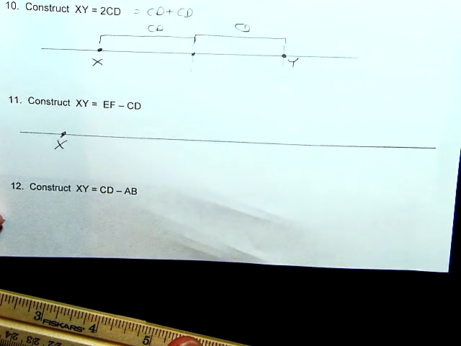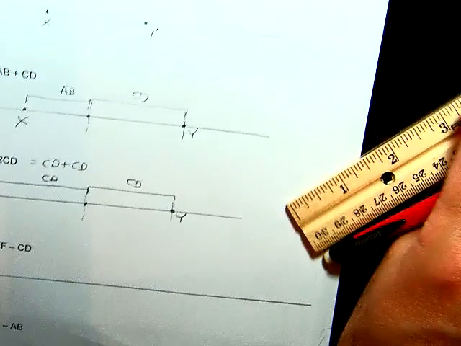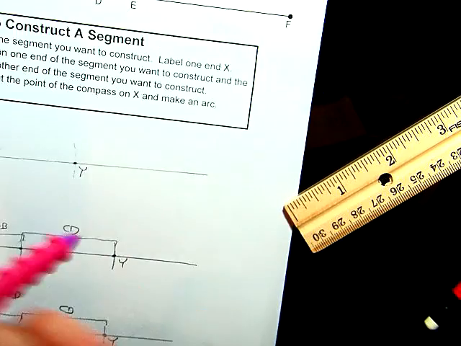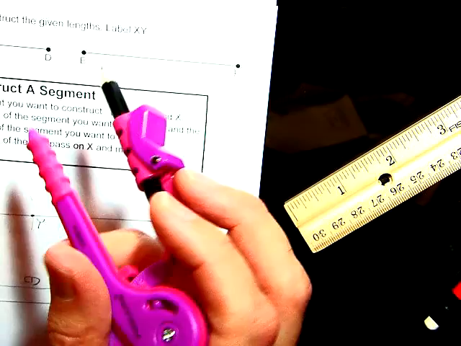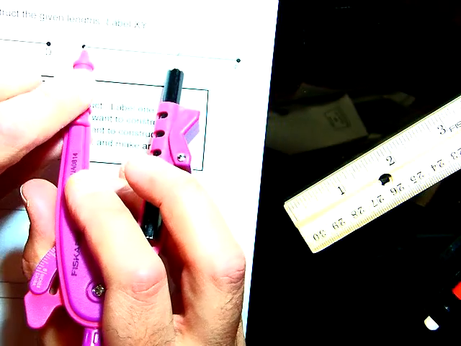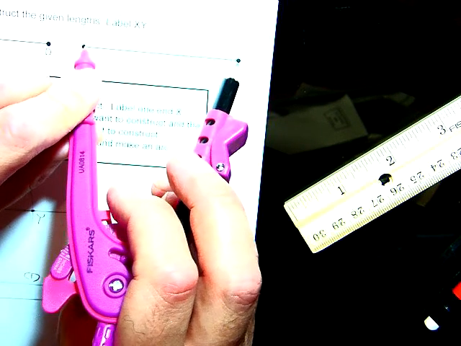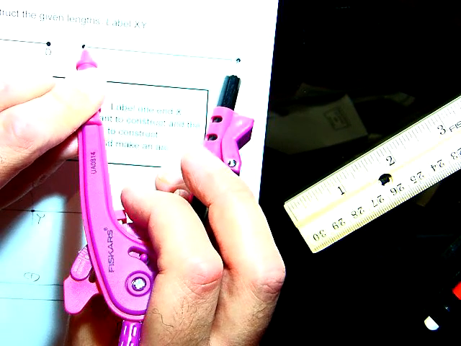Now I have to do EF minus CD. So the first thing I'm going to do is measure out EF. I'm going to put my sharp point on E, and then I'm going to open this wide enough so that it touches point F. That looks just about right.